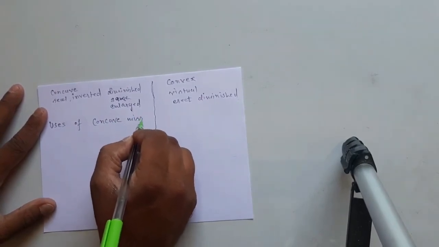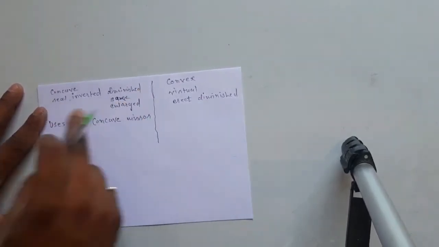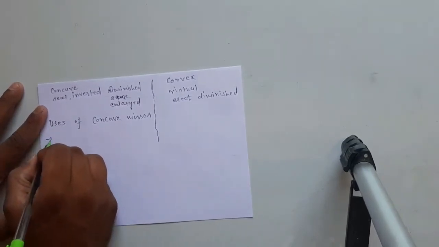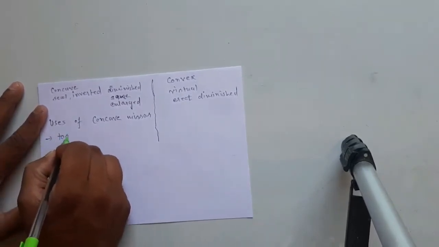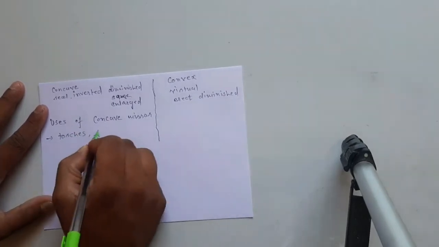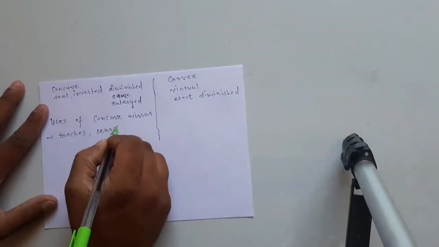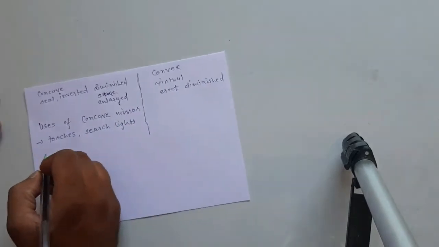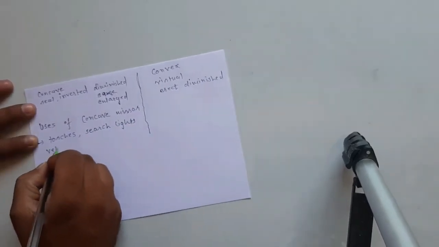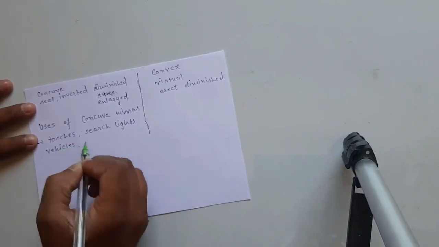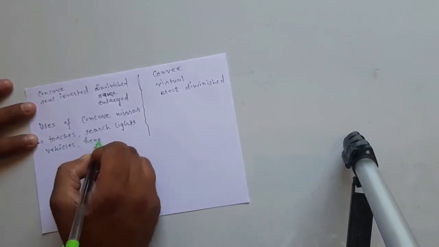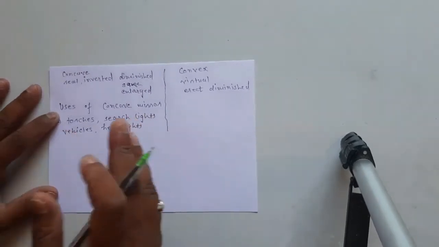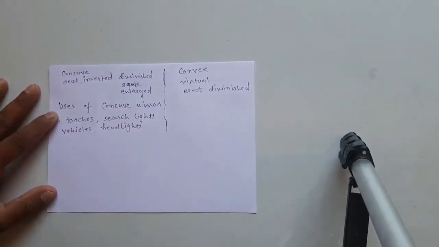Due to this property of concave mirror, and as it is converging light, generally it is used in torches, searchlights, and also in vehicle headlights. Why? To get parallel beams of light.